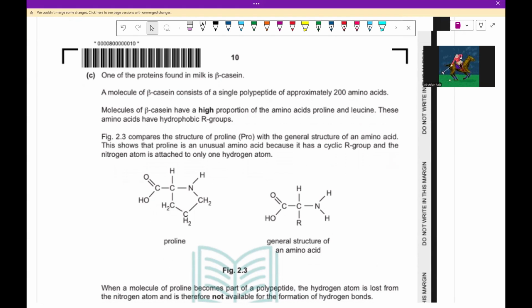Figure 2.3 compares the structure of proline with the general structure of an amino acid. This shows that proline is an unusual amino acid because it has a cyclic R group. Yeah, that's what I just observed. It's pretty unusual, and the nitrogen atom is attached to only one hydrogen. So it's a very weird amino acid.